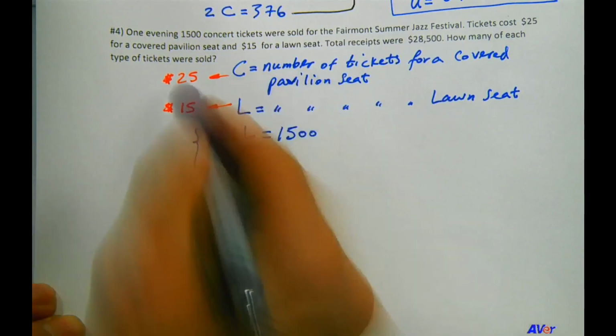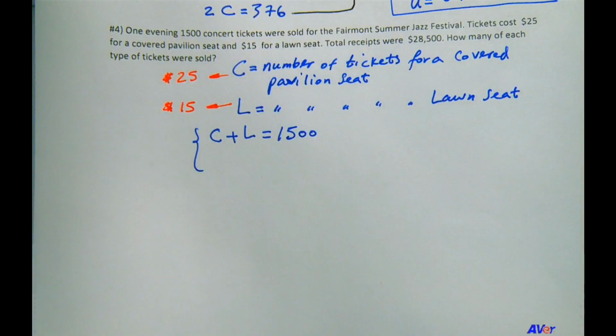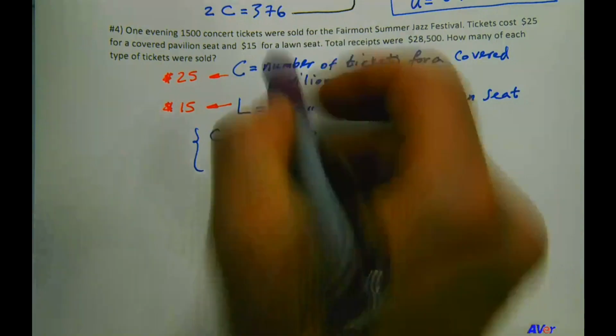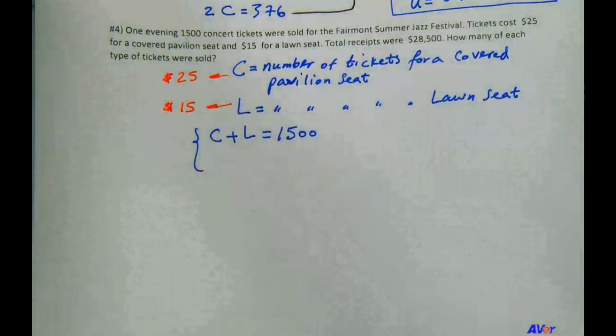Of course, the covered pavilion seats are more expensive because you are shielded from the sun and the other elements of the environment that the lawn seats are not protected against.